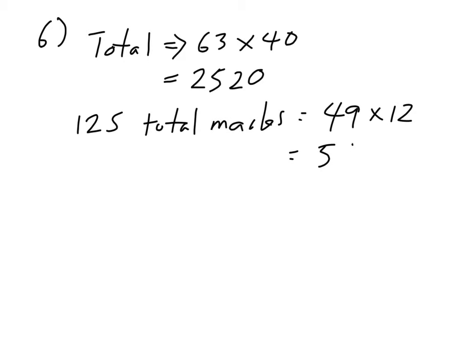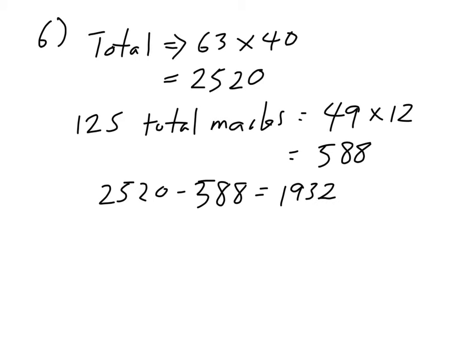588. So the remaining marks will be 2520 minus 588, 1932. Okay, 1932 is being shared among the remaining 28 students, right?